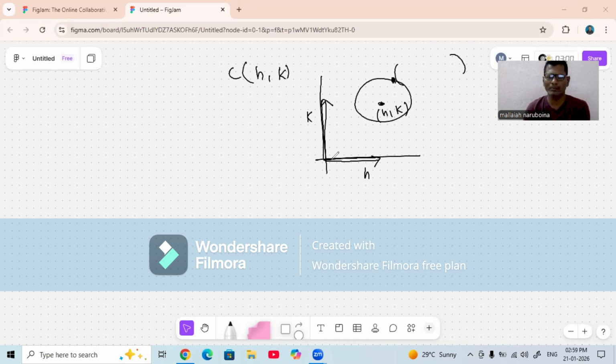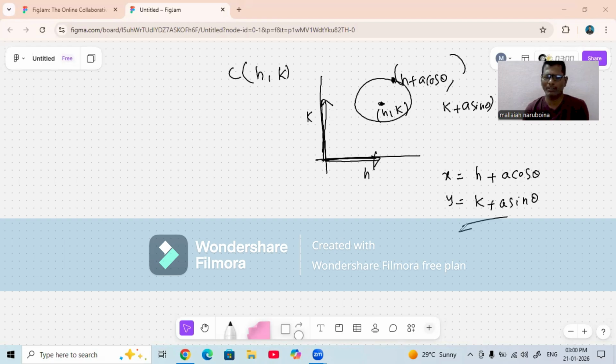That means this point becomes h plus A cos theta comma, and the y coordinate becomes k plus A sin theta. So the parametric equations are x is equal to h plus A cos theta, y is equal to k plus A sin theta. These two are the parametric equations.